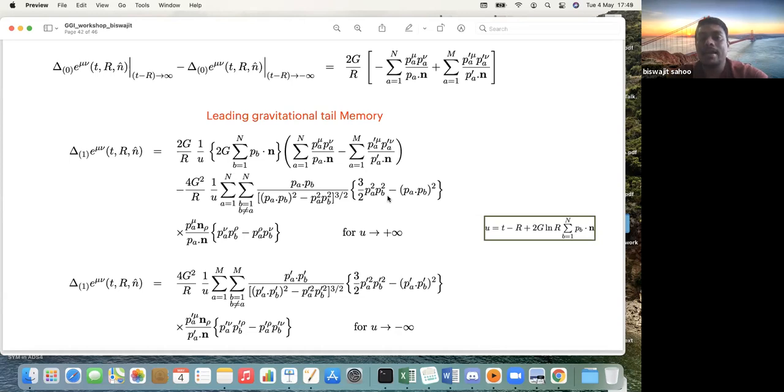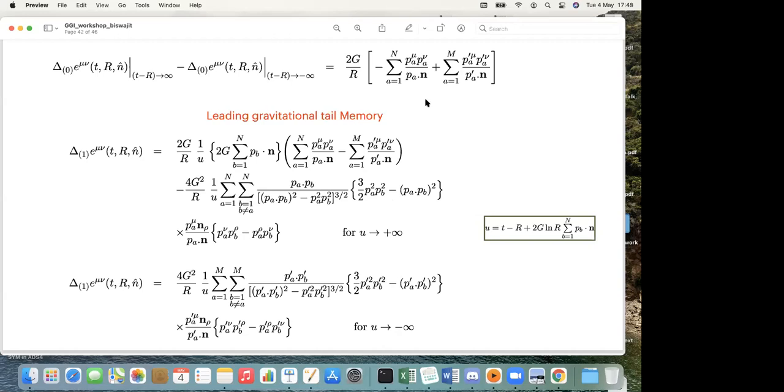When the kinetic energy of the particles is greater than the potential energy due to the long range force, from that time scale you can trust our formula, and that sets the value of u. If you determine it with that u, you can see that this tail term is the same order as the leading gravitational memory.